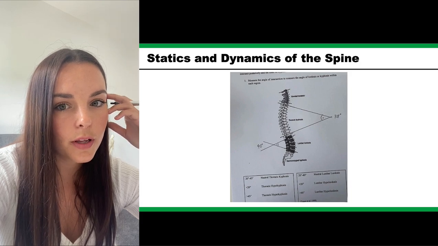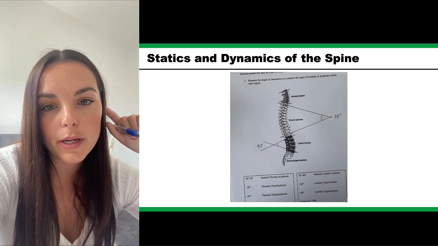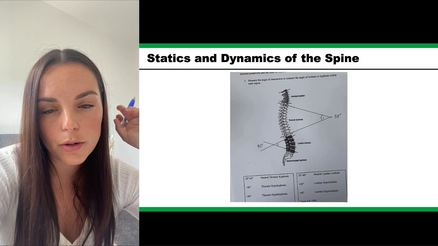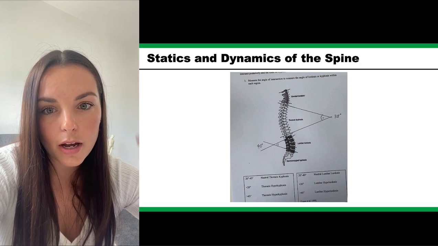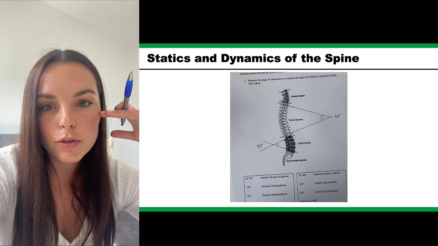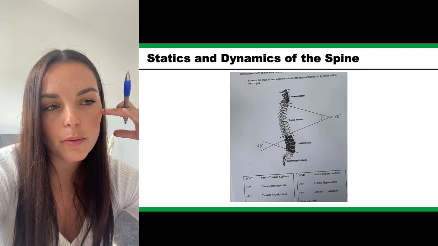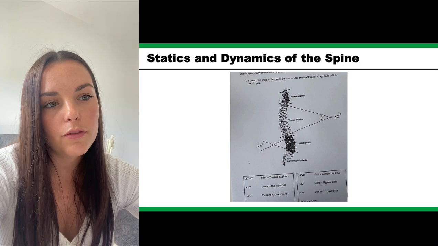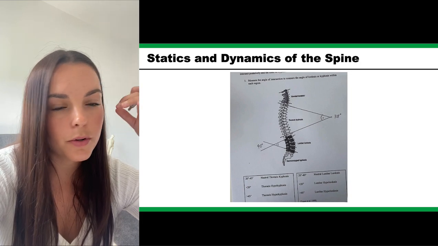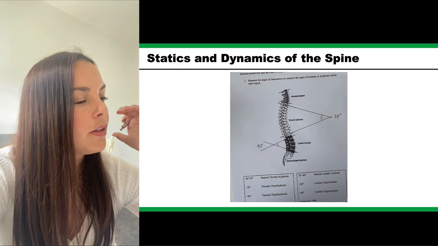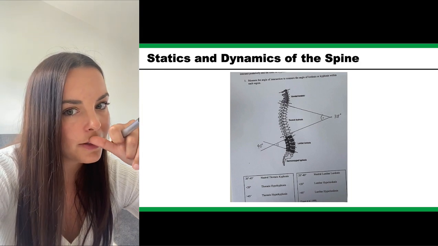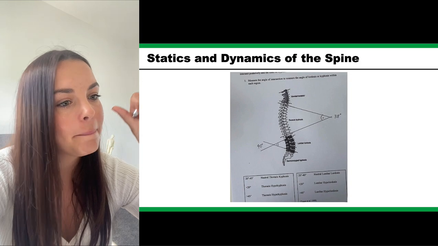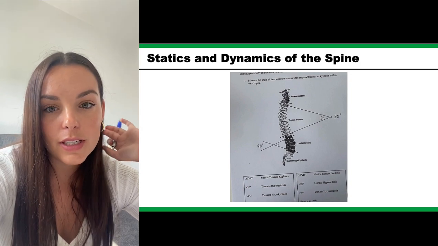So if you find the fourth lumbar vertebrae and draw a dot in the middle of the body of the fourth lumbar vertebrae, the normal line of the center of gravity crosses ventral to the center of the fourth lumbar vertebrae body. So the center of gravity line should pass just anterior to that dot, and that's our normal center of gravity.